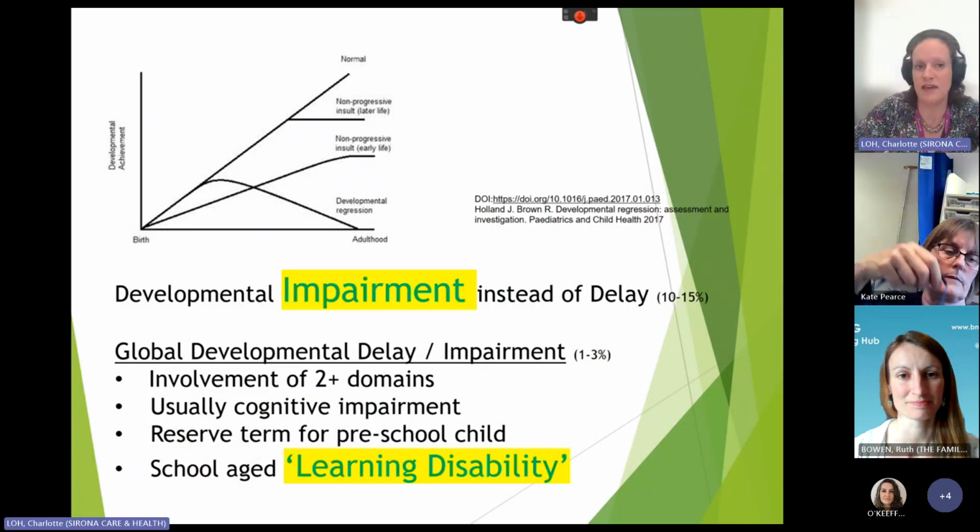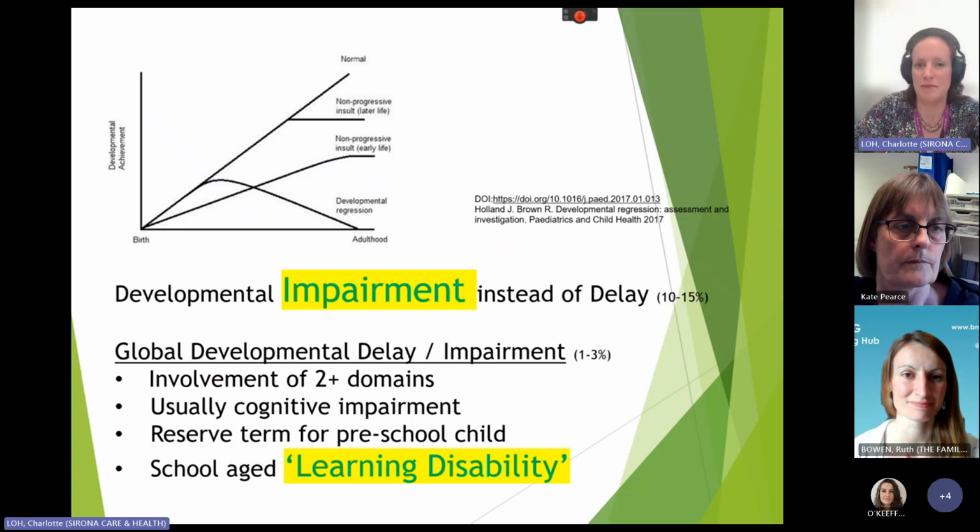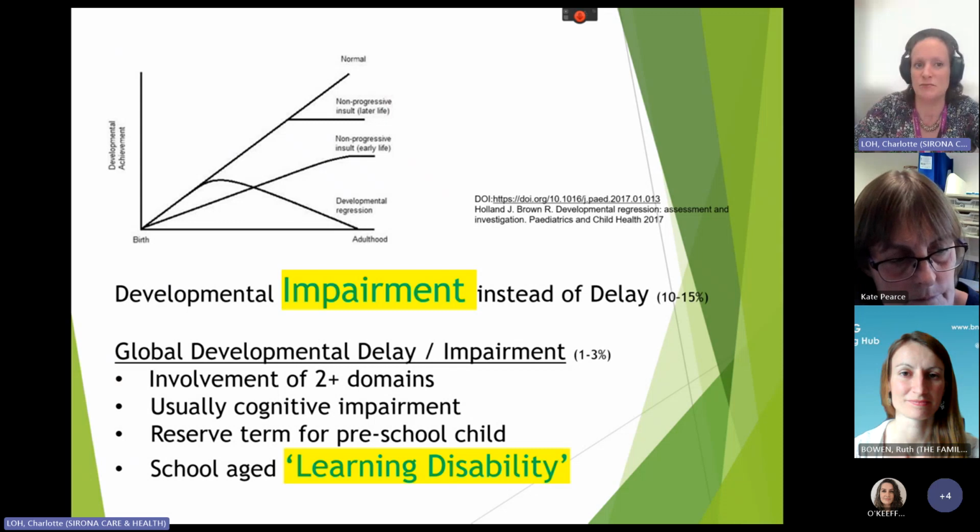And this diagram here from a paediatric paper from 2017 was showing the trajectory for one child in different circumstances.